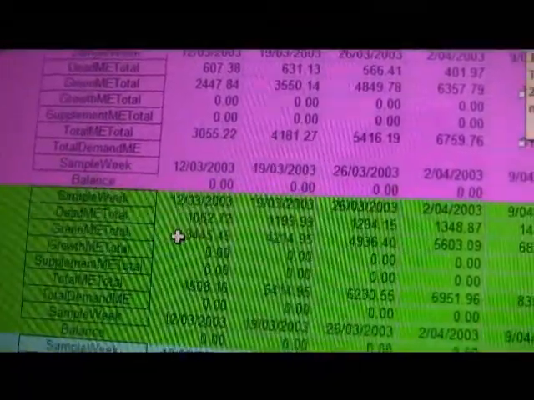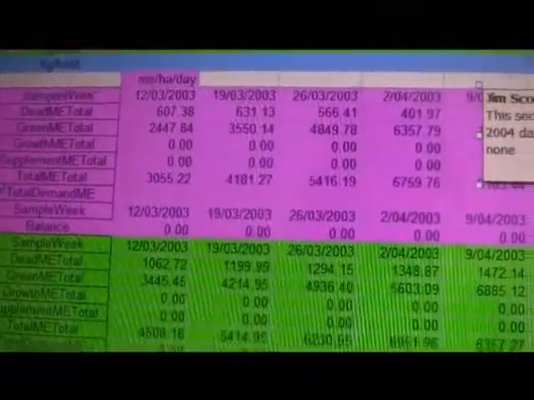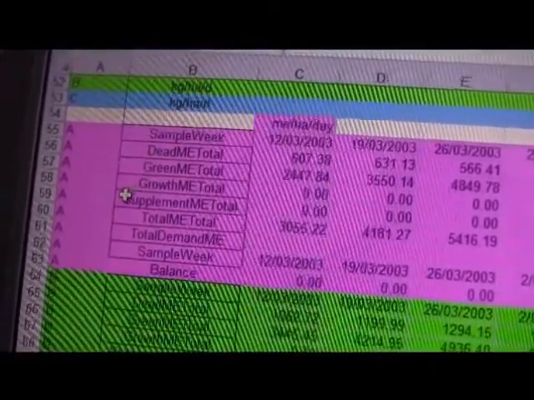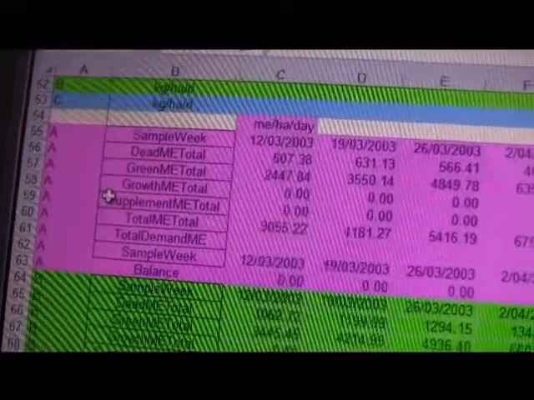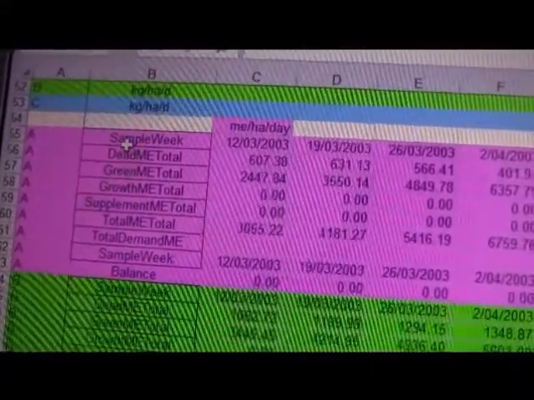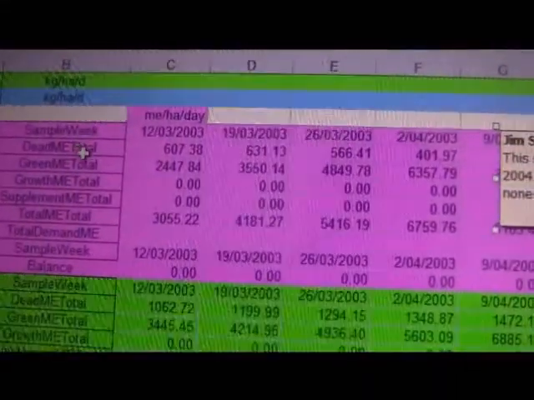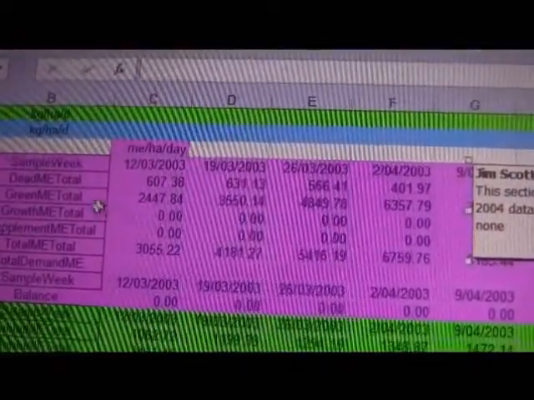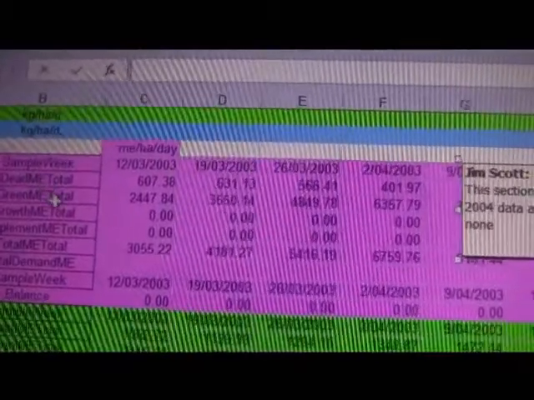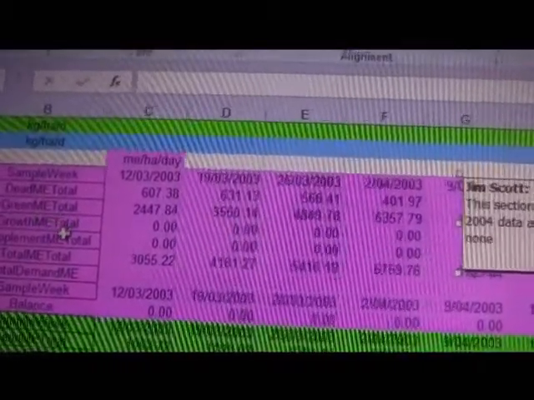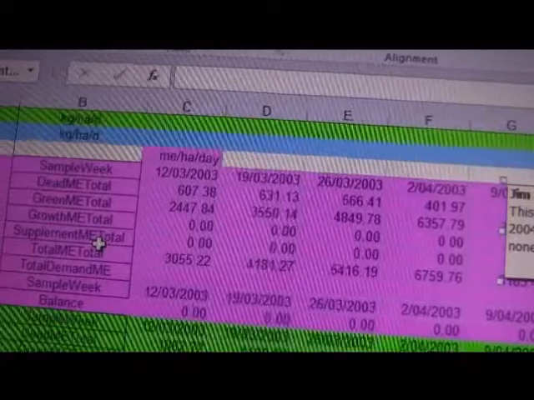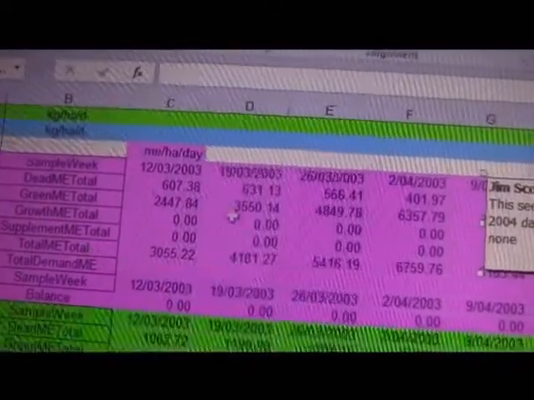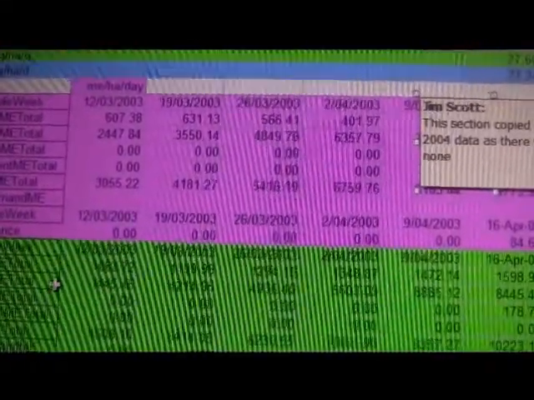And because all of these farms had 50 hectares, the size of the paddock, overall, when we calculate the ME for these farmlands, it is based on the green herbage, the dead herbage, the crop, and the supplement, when they've been supplemented during winter months when there's no available feed. Now we calculate based on the hectares of each farmland.